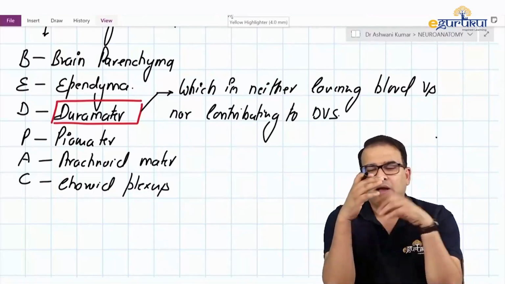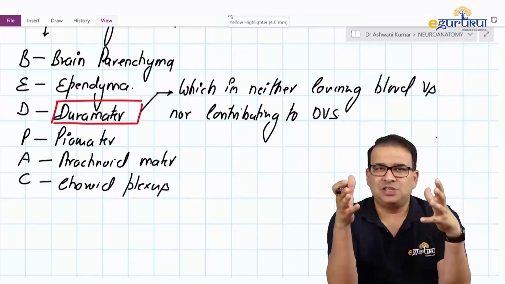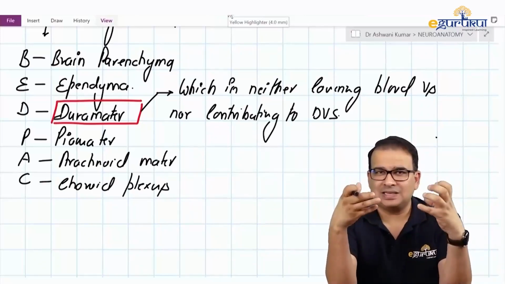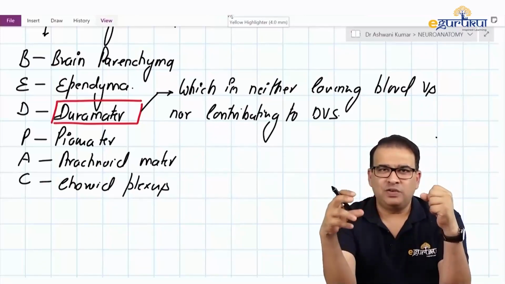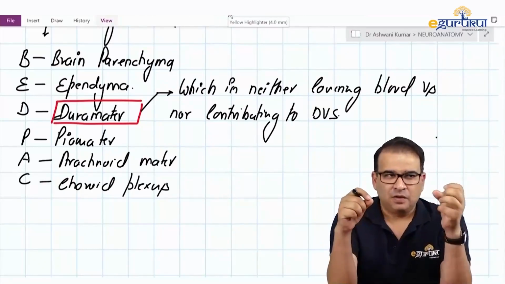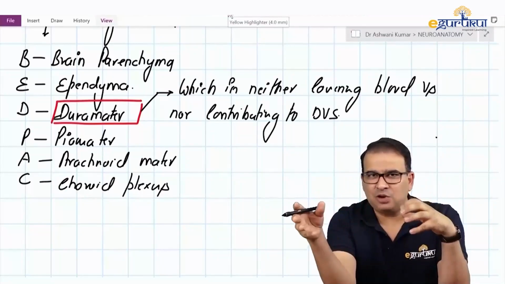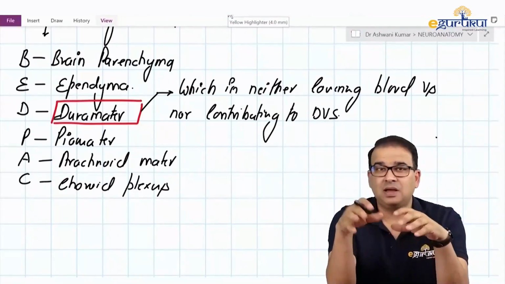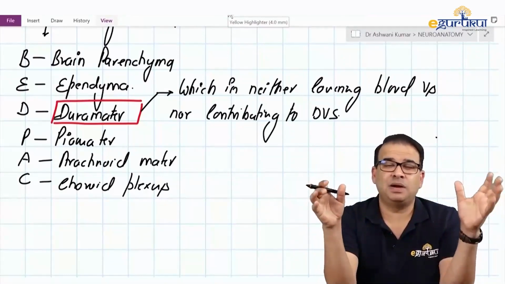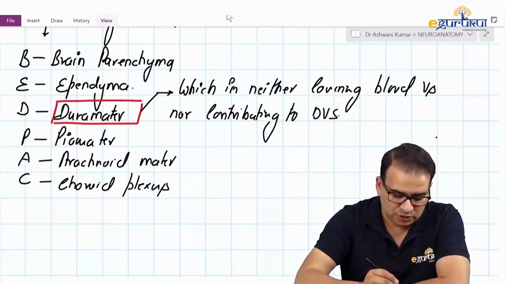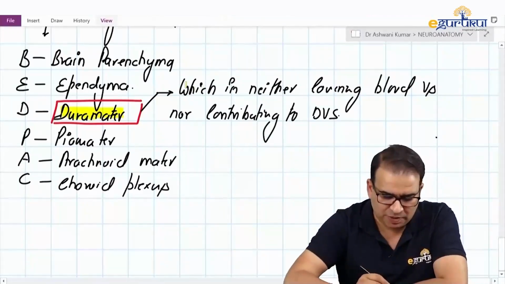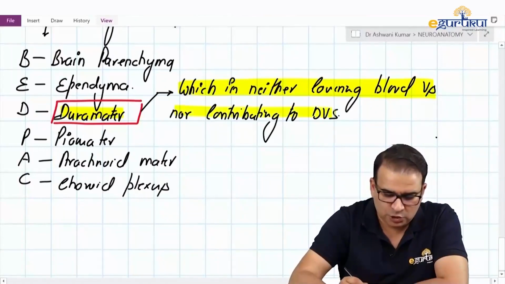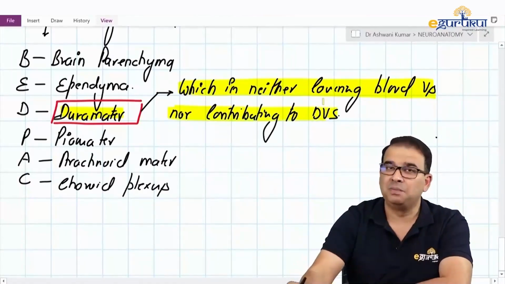We know that the endosteal layer and the meningeal layer separate and form the dural sinuses. Wherever you have a dural venous sinus, we have pain fibers there. Wherever we have middle meningeal, accessory meningeal, or any artery covered with dura mater, you do have pain fibers there. But apart from that, the rest of the dura mater is devoid of it. So dura is devoid of pain fiber only in those places where it does not contribute to the dural venous sinus or cover a blood vessel.